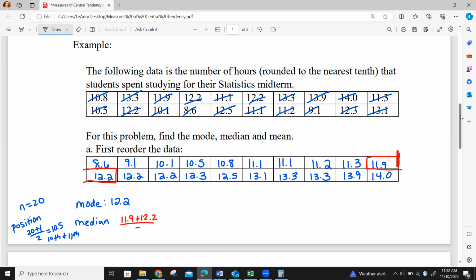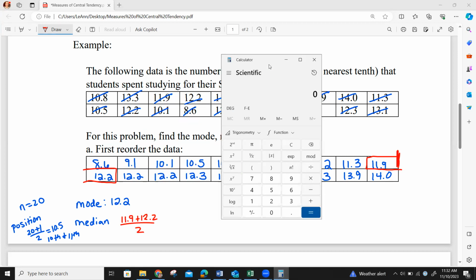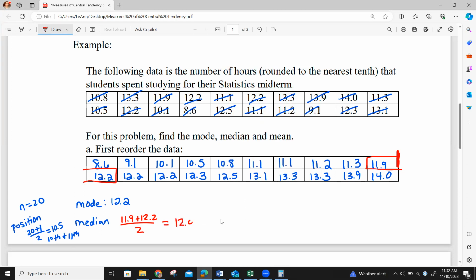You can think of it as an average or the midpoint; both are the same formula. So it's 11.9 plus 12.2 divided by 2. My median is 12.05. Notice my mode is not exactly the same as my median, but they're close to the same value.